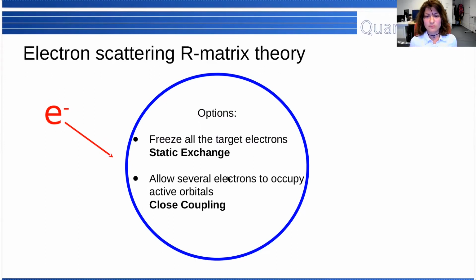When solving the problem, you will have the choice of either freezing the target electrons in the orbitals or allowing some number of electrons to excite between active orbitals. The first method is called static exchange, and it's good for computing elastic scattering collisions, potentially rotational excitation. And the second one is called close coupling.